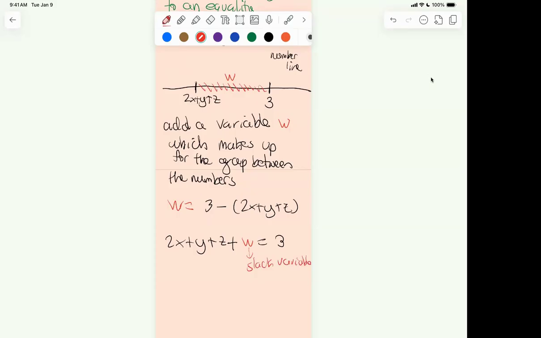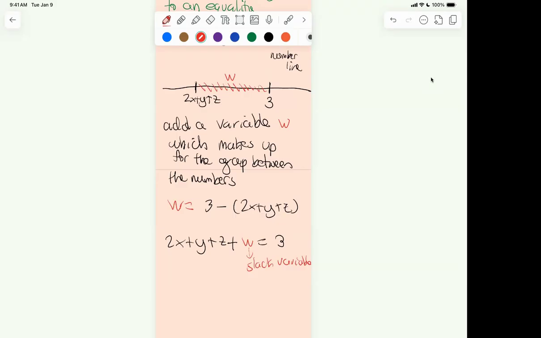It's the variable that helps us reach the value 3. As x, y, and z take particular values, the slack variable has to adjust itself to give you the equality. That's why it's called a variable, it is whatever it needs to be to make the inequality into an equality.